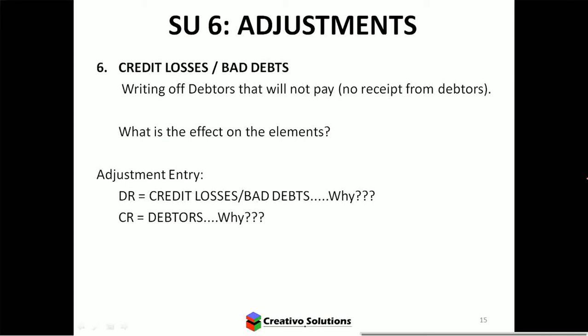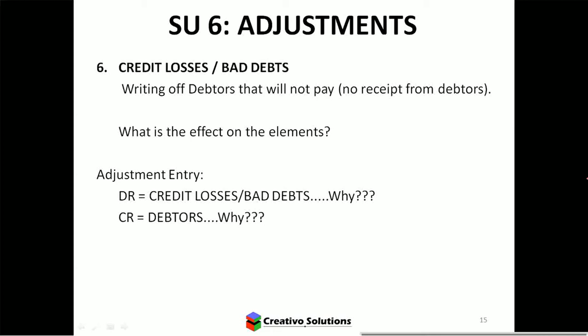And if I haven't received something, is it an asset or liability? Liability. Well, for the provision, yes, but for the actual loss, an expense. Isn't a credit loss an expense? Yes. But will it affect liability? Yes, it would. Right, but I'm not looking at the liability here. I'm looking at debtors, when debtors don't pay.